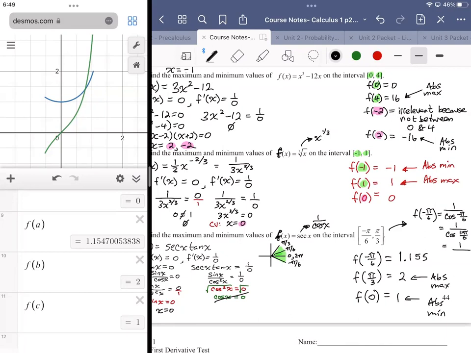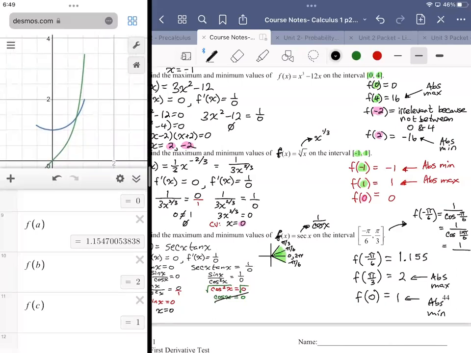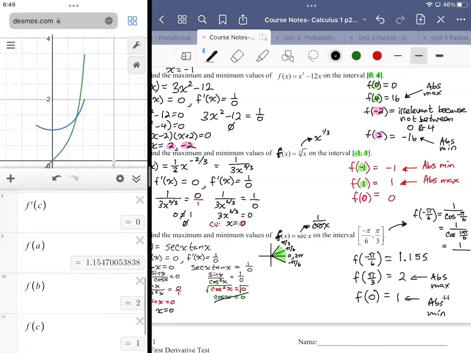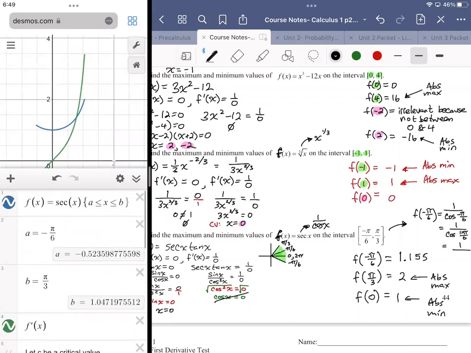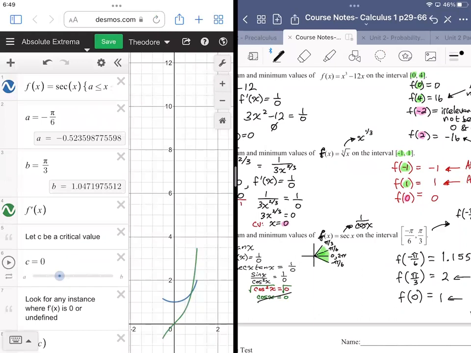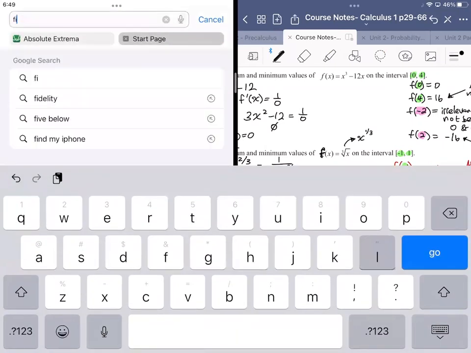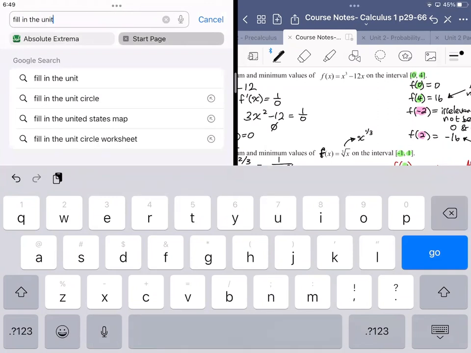Let me do it on this device. I found a nice one, and then I'm like, you know what? I know what's going to happen here. I'm going to spend the next 10 minutes trying to get it into this device. All right. So let me do this. Fill in the unit circle.